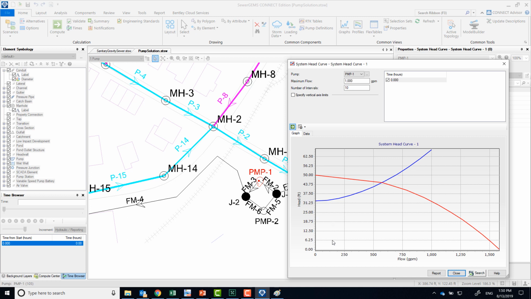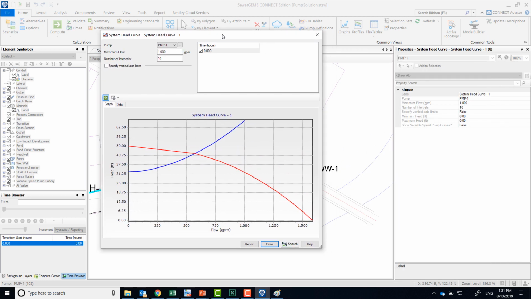And then the rest, it's saying, okay, to move 250 gallons per minute, you would have to lift the static lift plus some head losses. For 500, static lift plus a lot more head losses. So it has found that the point where it intersects our curve here is the one that we had found earlier, which was 45 feet and 575 gallons per minute. All right, so that is how we came up with that value.